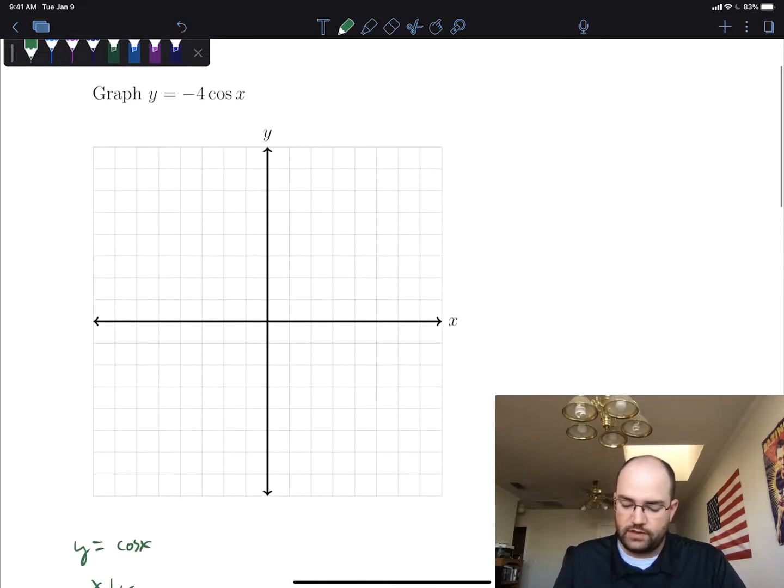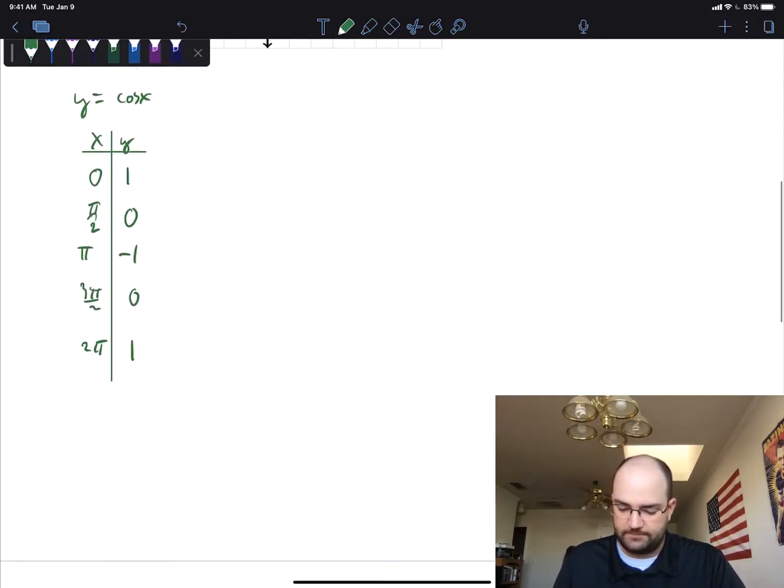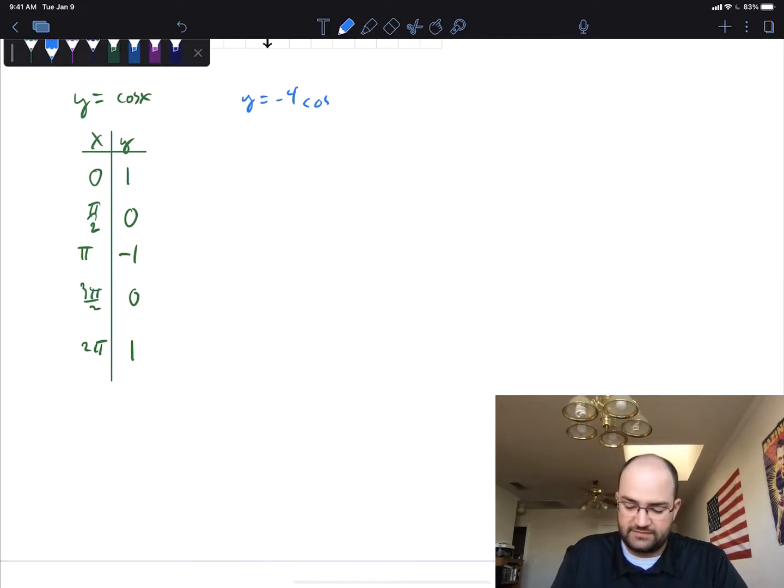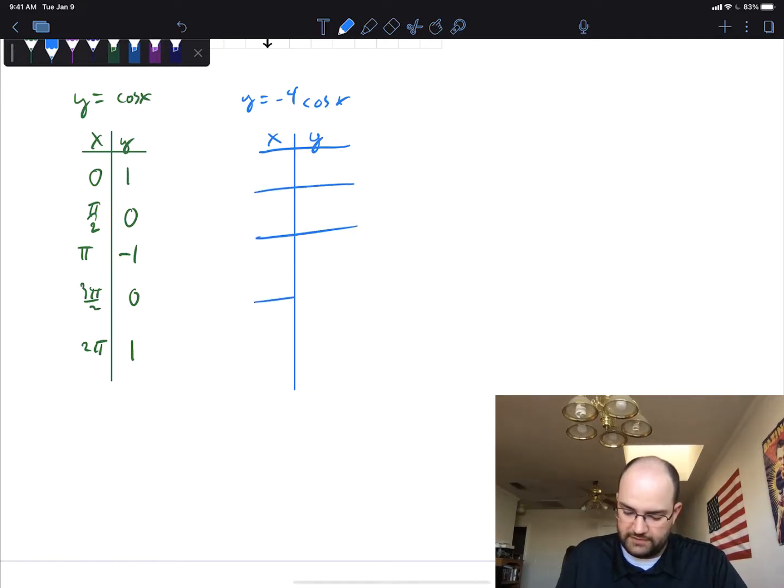So we want to graph y equals -4 cosine of x. The next one will be just y equals -4 cosine of x, because it's the only transformation we have. Because that 4 is on the outside, we affect the y values, which means that all the x values will stay the same.